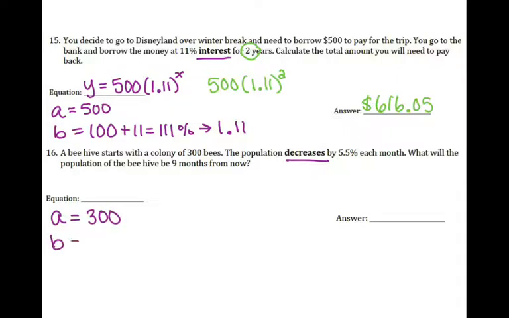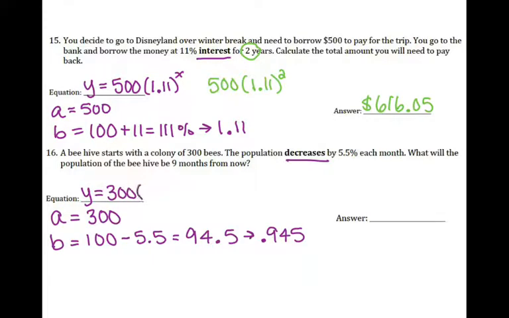The population is decreasing. So I'm going to take 100 minus the 5.5%. That gives me, I'm plugging it into calculator because my mental math skills aren't that great. There we go, 94.5. And these are calculator questions, by the way. And then I'm going to move my decimal over 2 units. So 0.945. So my equation is y equals 300 times 0.945 to the x.